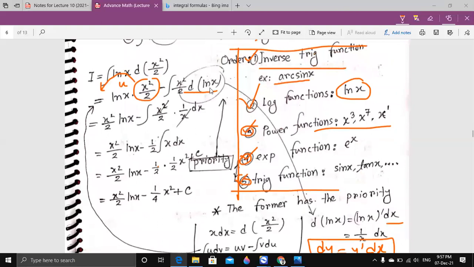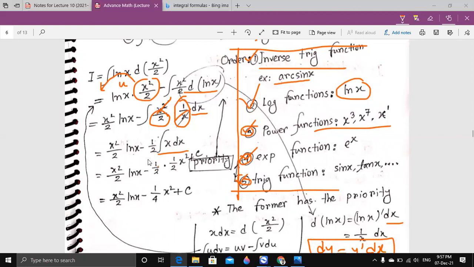So ln x derivative dx, derivative of ln x is 1 by x. And here is our dx. So you see here we can just cancel x here. So we get integration of x dx, and we can take this constant out, right? So half integration of x dx.